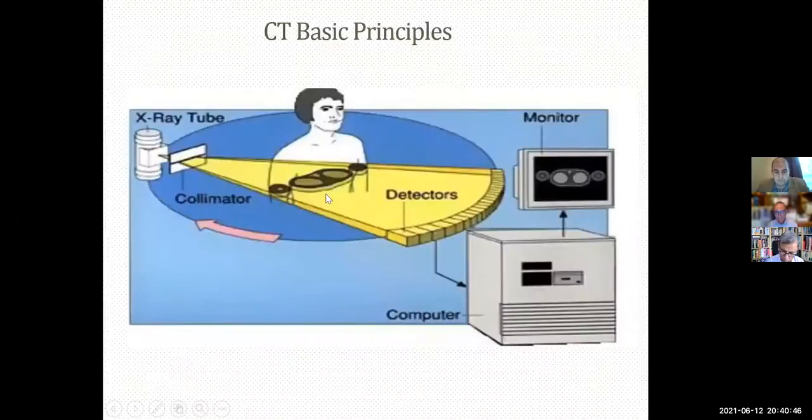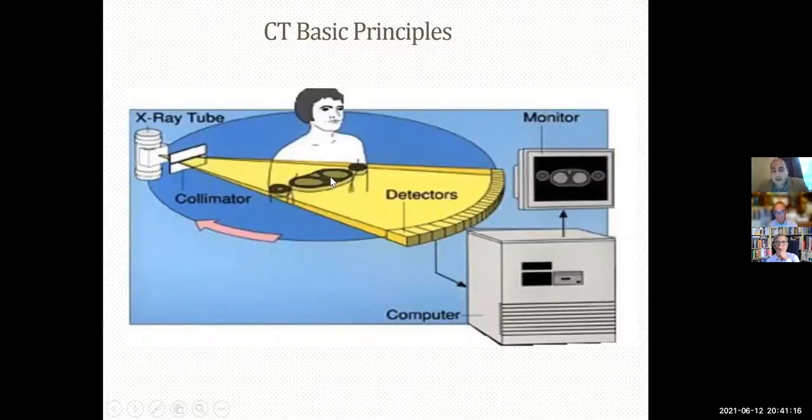Okay. So now if I talk about the basic principle of CT, we have an X-ray tube which produces an X-ray beam. This X-ray beam is incident on the patient. The patient, as I said before, has different tissues like bone, air, soft tissue, fluid. Each tissue has an attenuation property different from the others. Each tissue will absorb a certain amount of radiation different from other tissues.